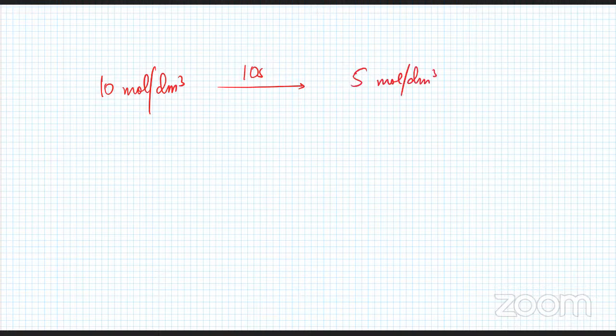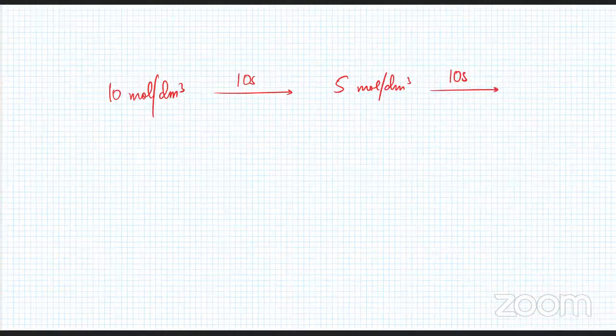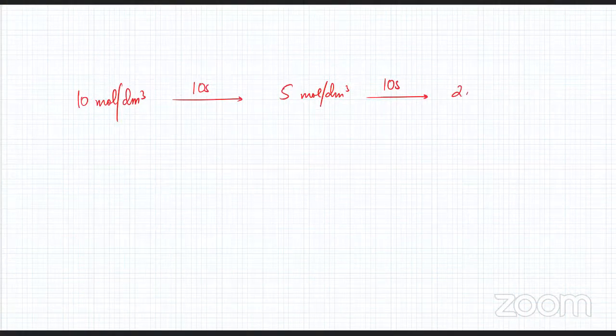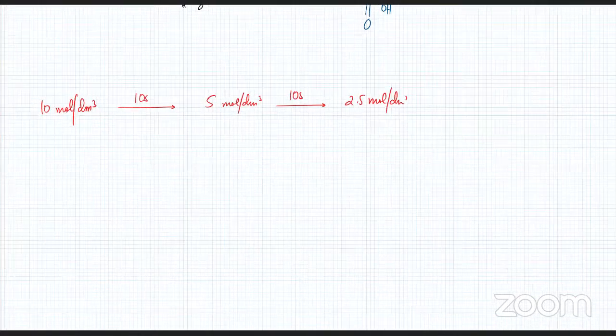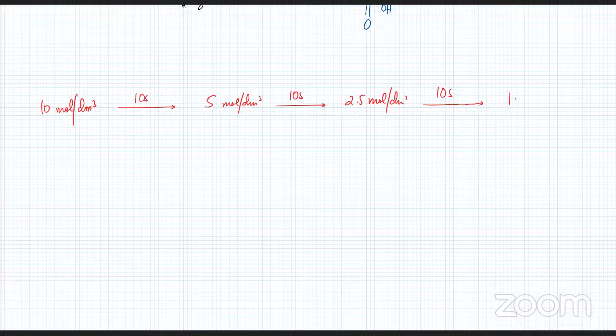Then the reaction continues. You've got a constant half-life. So after another 10 seconds, the concentration decreases by another half. So it's going to become 2.5 mole per dm cube, right? And then so on. After another 10 seconds, it's a first order reaction, constant half-life. What's half of 2.5? That's going to be 1.25 mole per dm cube, right? So this is what's going on.